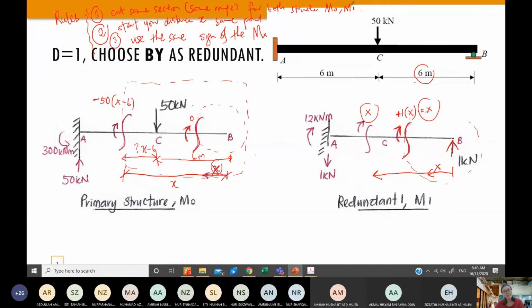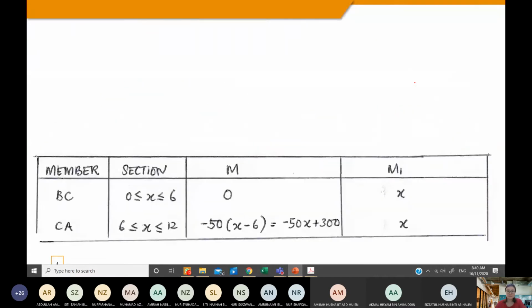You can put them in the table or directly put them in the compatibility equations. So let us see.